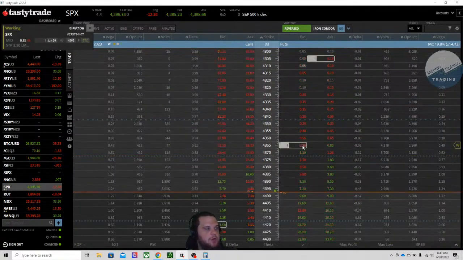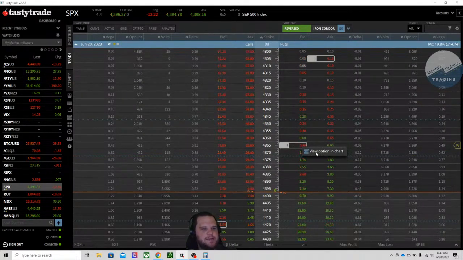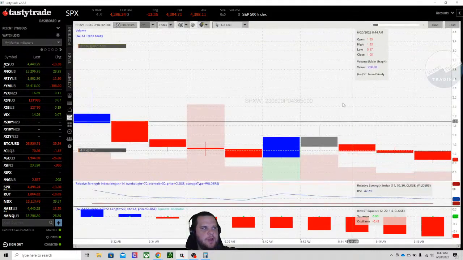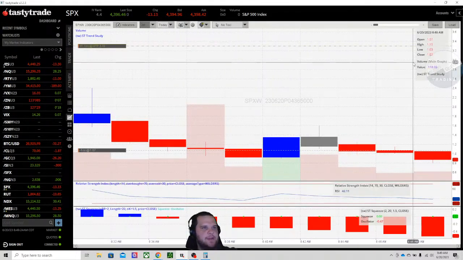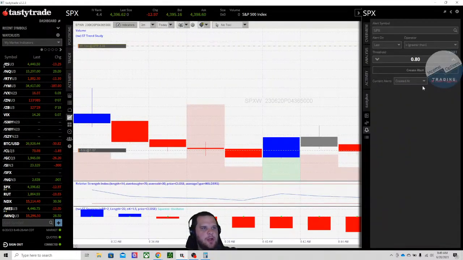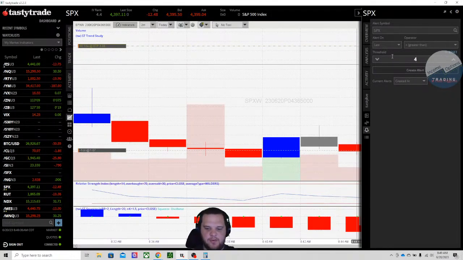Now, what I'll also do is I'll right click on this 80 cents view option and chart. You can see my stop there. I'll do the right hand side, and this alert will be for that. So if my stop limit's 370, I'll put this at 420.